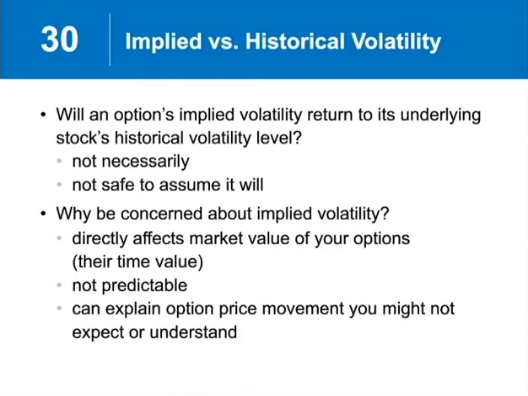Will an implied's level return to the historic volatility level? And we will have another couple charts that will show that that's not necessarily the case. That relationship between implied and historic, in my experience, most often the implieds trade at a slight premium to historic, but that relationship does change over time.